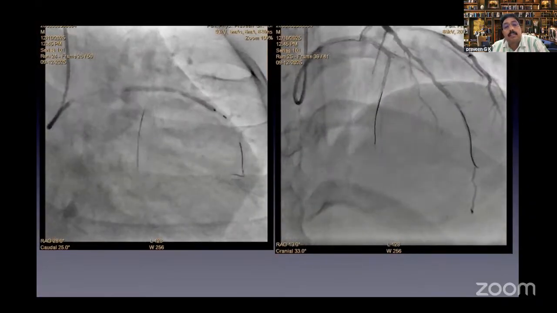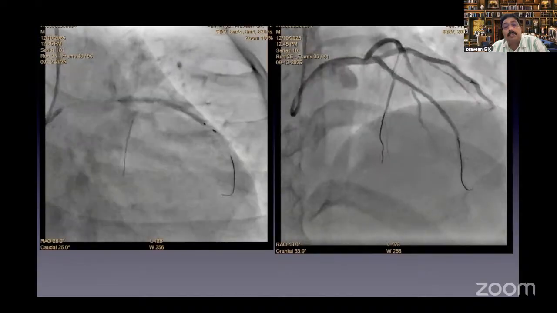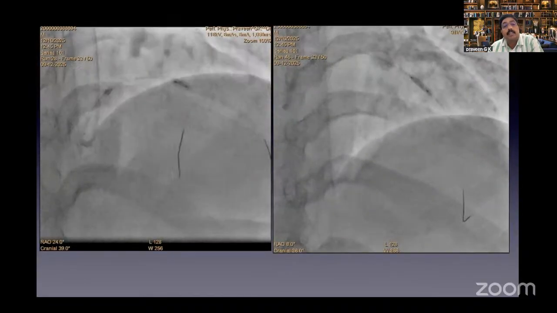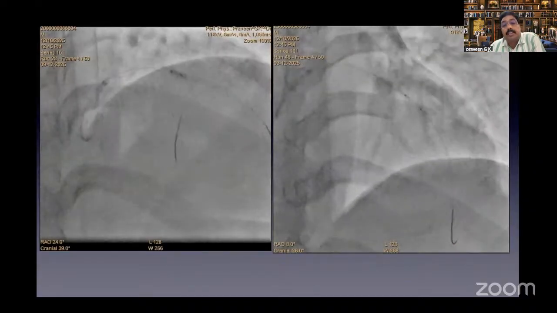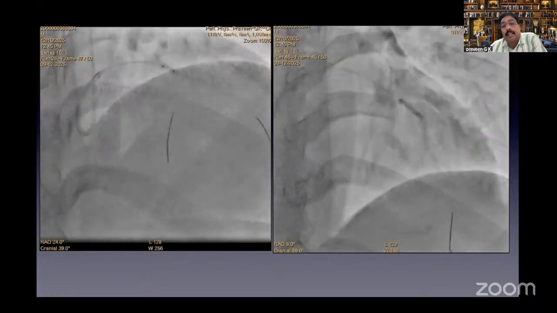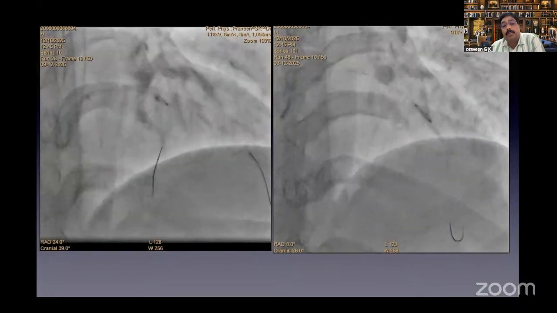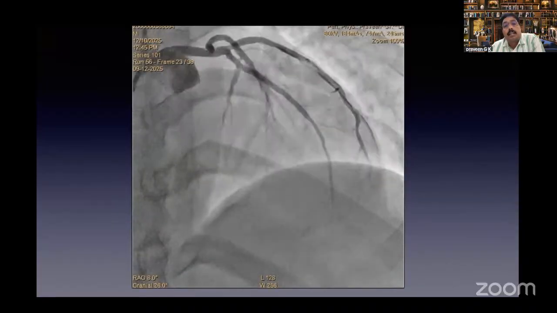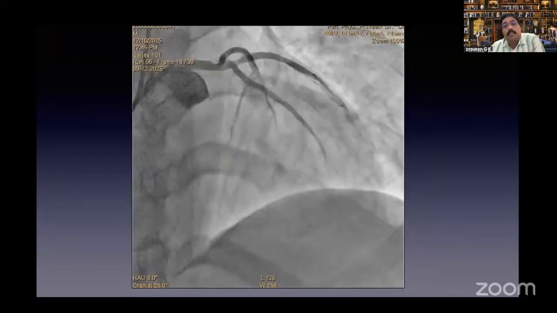and the stent was deployed, and then we did a proximal optimization with a 3.25x6 balloon, and then it was post-dilated with a 3x15 balloon. And this was the result we got.